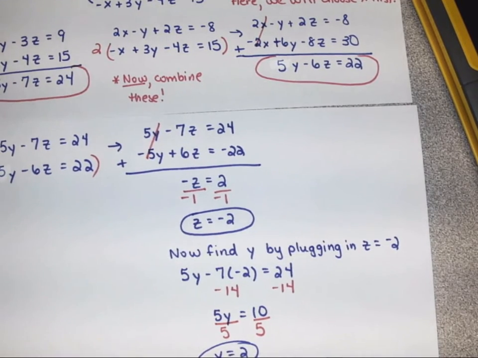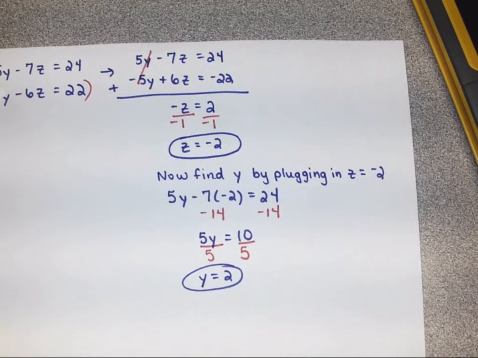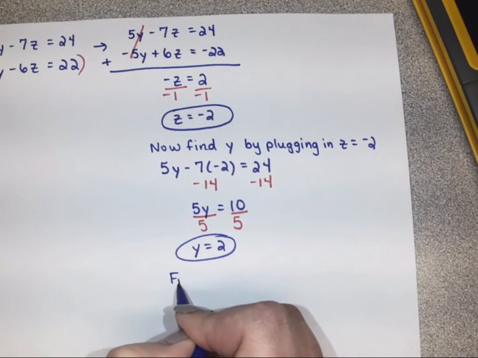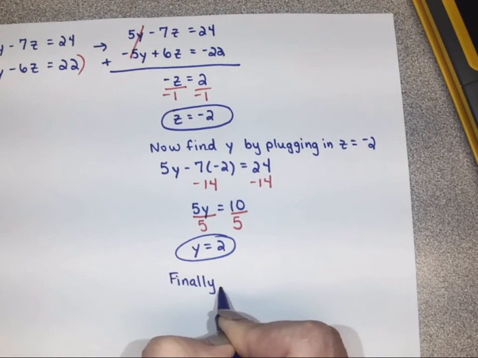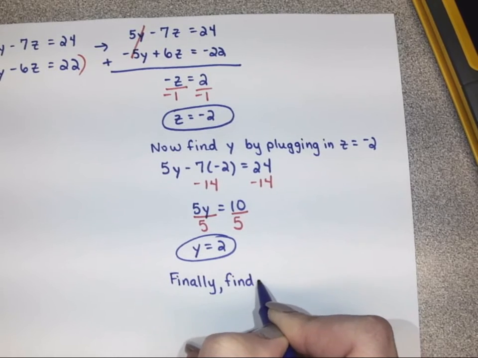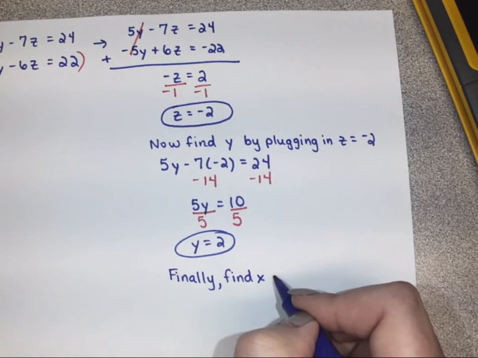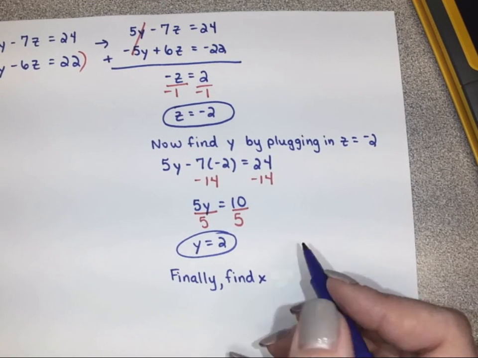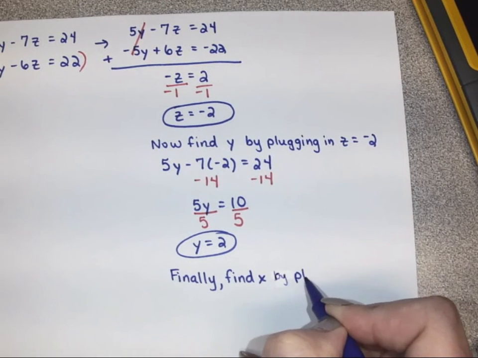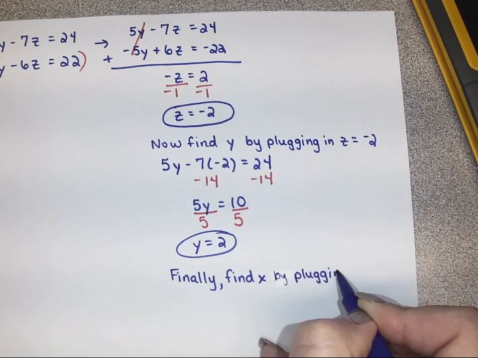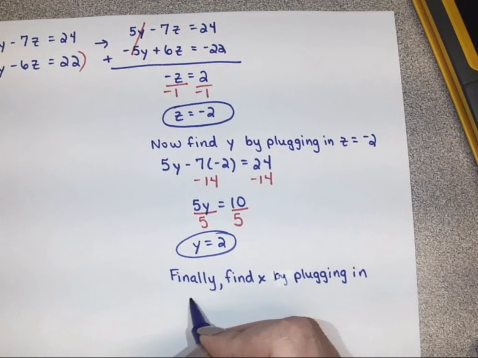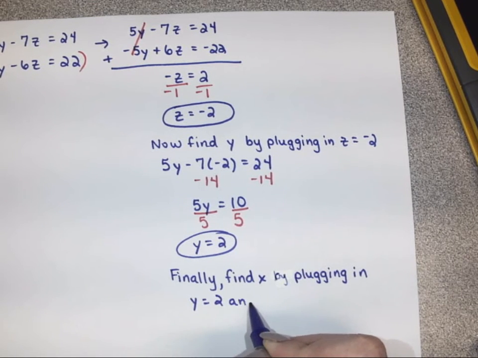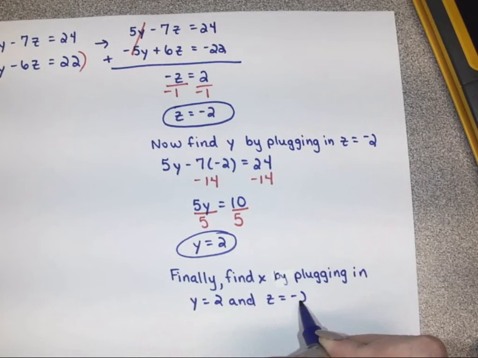So now we just need to find what final thing? Find x, right? So we just need to find x by plugging in the two things we know already. So we're going to plug in y equals 2 and z equals negative 2.